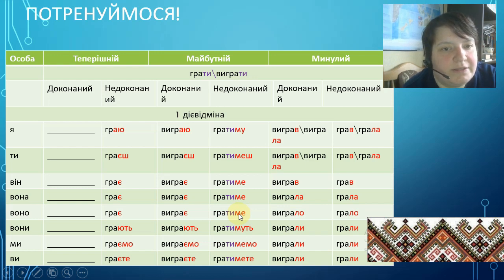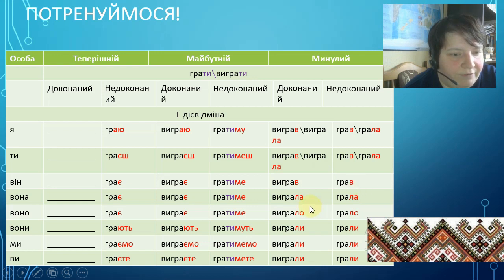So, and the past tense, виграв, виграла, it's a perfective state. Виграв, виграла, it's ти виграв, ти виграла. It depends on the gender of a person who is talking.